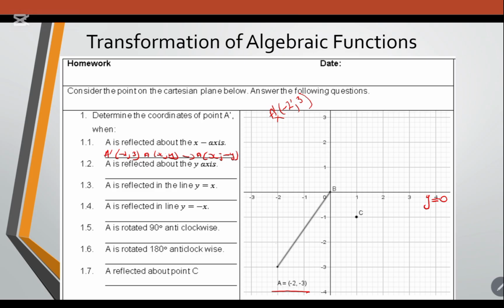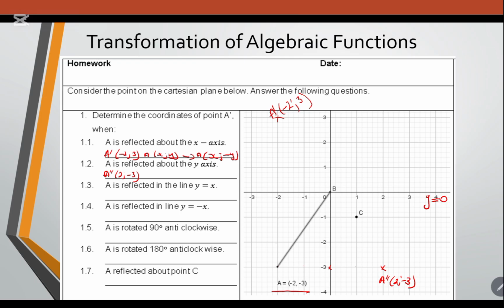Let us look at 1.2. A is reflected about the y-axis. So if it is reflected about the y-axis, the distance from point A to the y-axis is 1, 2. So it must move 2 units away, 1, 2. So the point will be at A2 prime, which will therefore be 2 and negative 3. So the coordinate of A2 prime is 2 and negative 3.